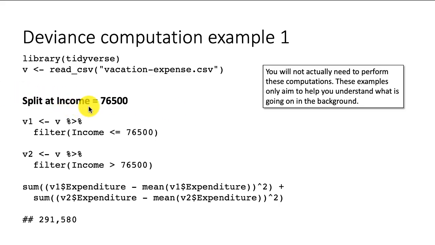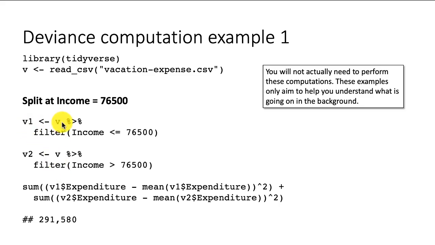Okay, so suppose we want to split at 76,500 for income, right? I'm just going to use some of the dplyr functions that we learned. So I'm saying library tidyverse, and I'm reading the data vacationexpense.csv, right? And if you want to split at income of 76,500, of course you'll get two sets. One set for values which are less than or equal to 76,500, and another set for incomes which are greater than 76,500. Those are the two sets I'm creating here.